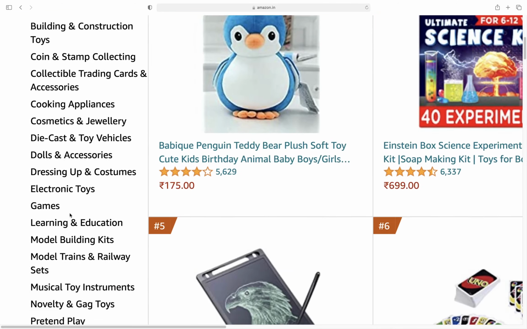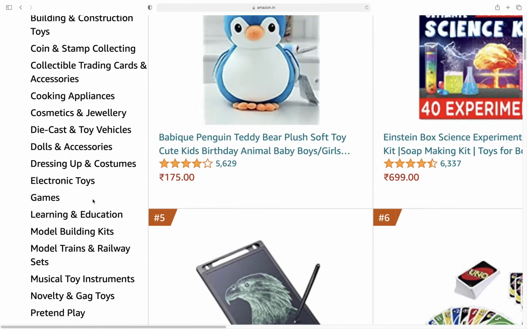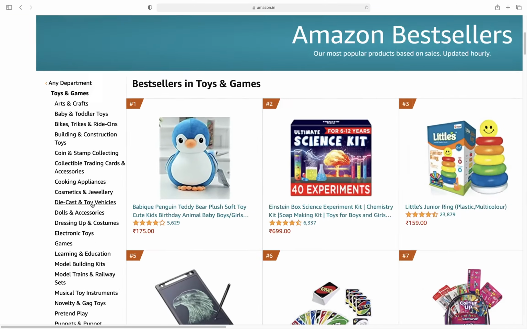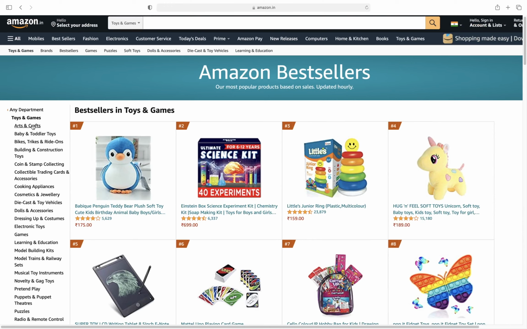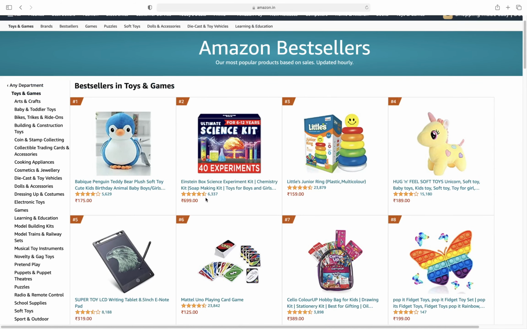These are the categories for the toys. I've gotten the data for the same 10 categories that I picked earlier, and have the bestseller data. Each category has 100 items listed.